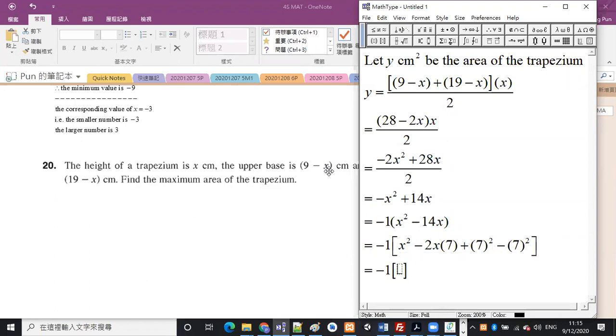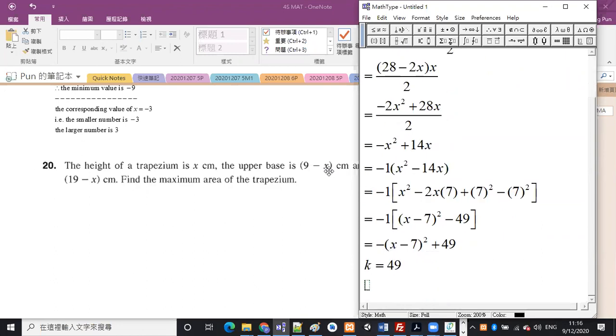Then negative 1 times (x minus y) bracket squared minus y squared, and then expand the bracket plus 49. This is the AHK form. And then we can get k value to be 49 and h value to be 7, right?